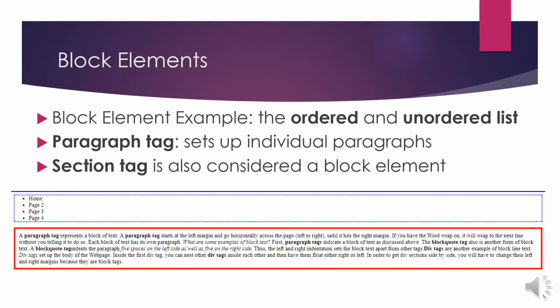So it can be kind of deceiving, because you might think that you can get an image on the right side, but you can't, because the unordered list takes up that entire space, even though the text does not.